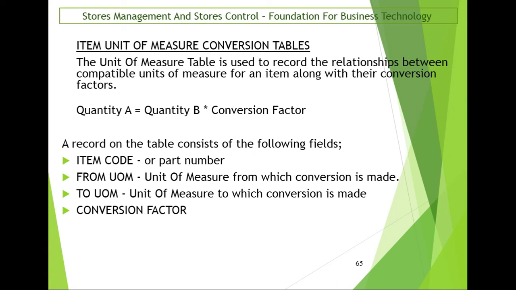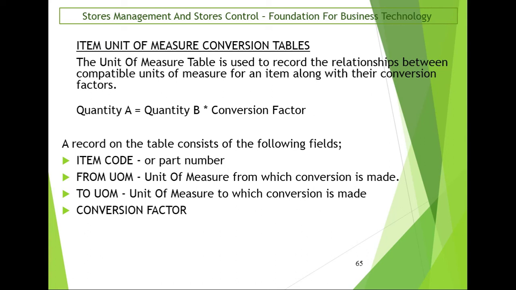So that table will have columns of the item code or the part number. Then you indicate from which unit you are converting and to which unit you are converting, and then the conversion factor. So in other words, you can say from kilograms to grams, the conversion factor is times 1,000.